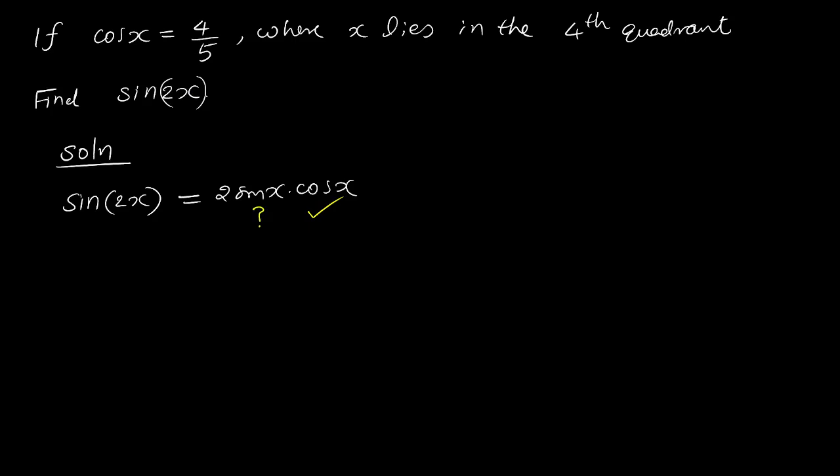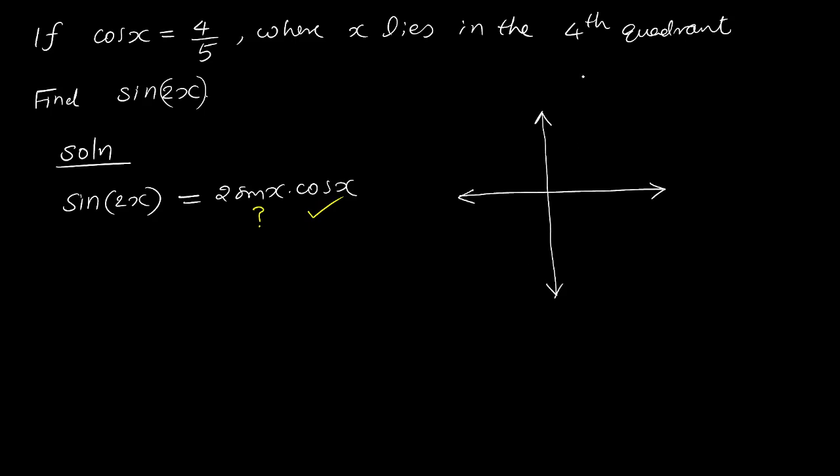We studied in the previous classes that if one trigonometric ratio is given, we can easily find the other trigonometric ratios by drawing a right angle triangle. Let me complete the solution. After that you can ask me doubts. The x is an angle that lies in the 4th quadrant, right?